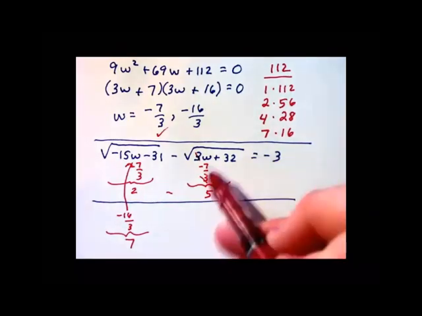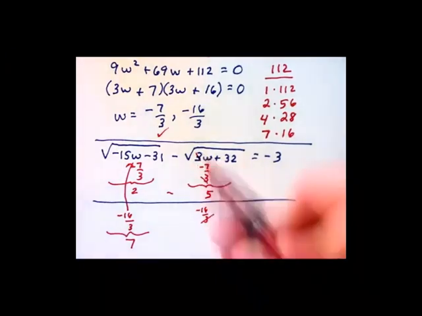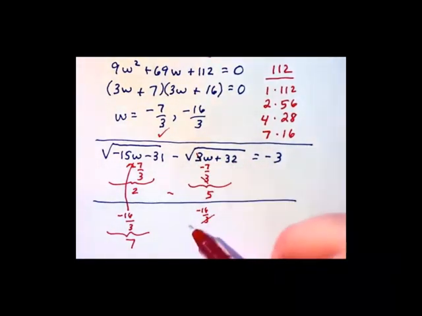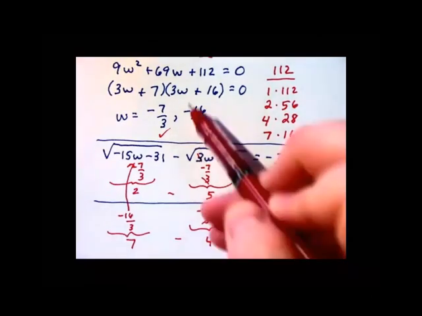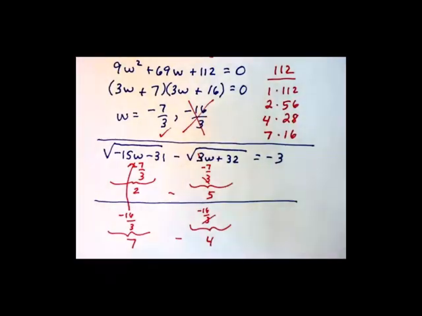Now we plug the negative 16/3 into the next position. The 3 cancels there, giving you negative 16 plus 32, which is 16. That's going to square root to a 4. 7 minus 4 is not negative 3, so the negative 16/3 will not work, and negative 7/3 is our only solution to that problem.